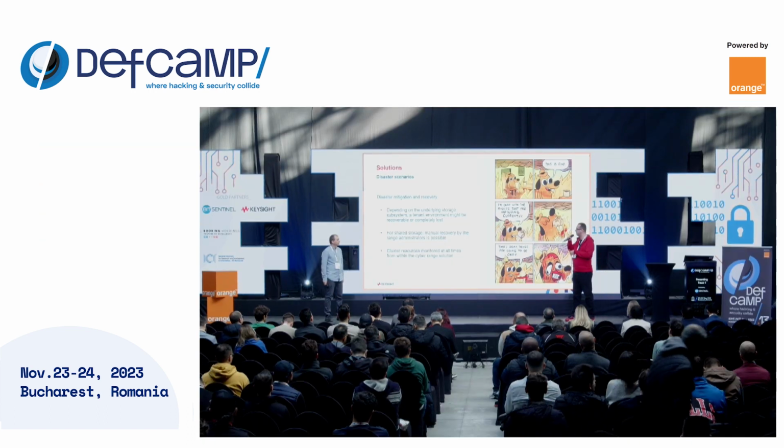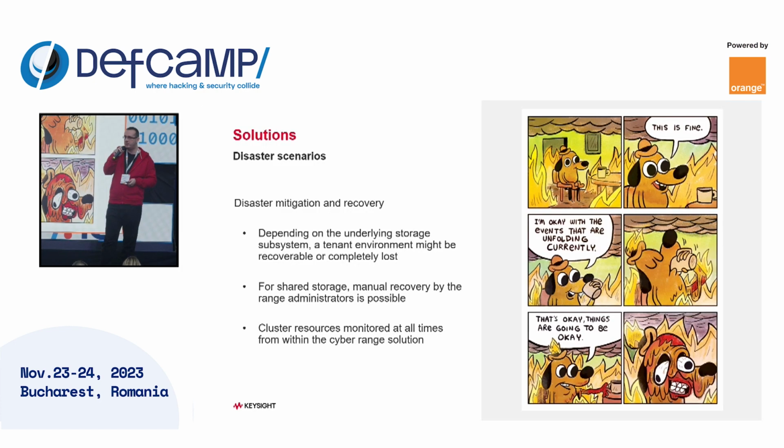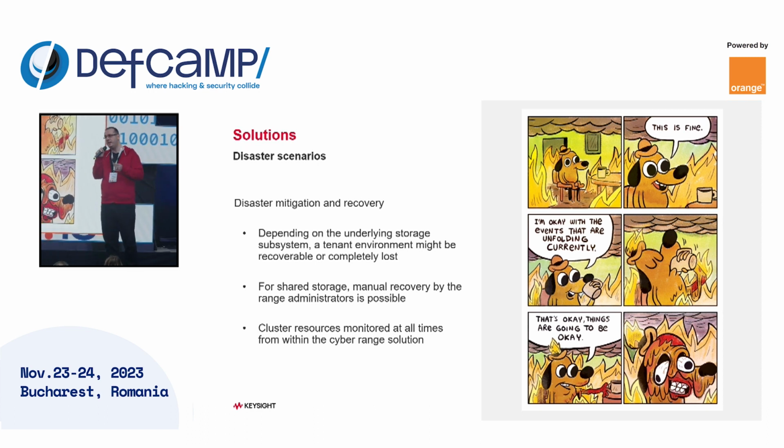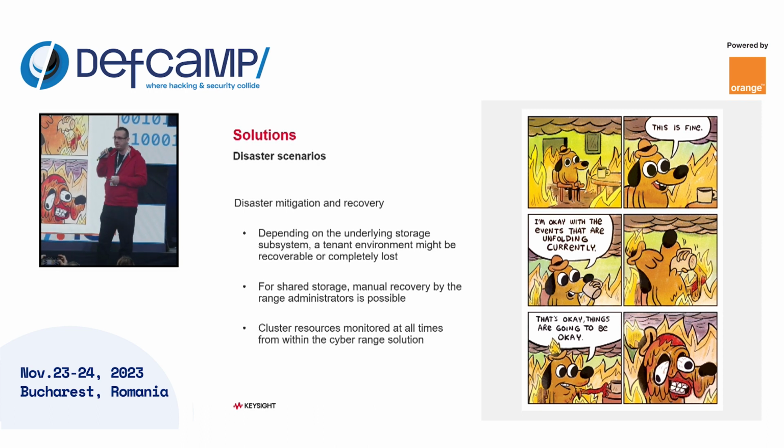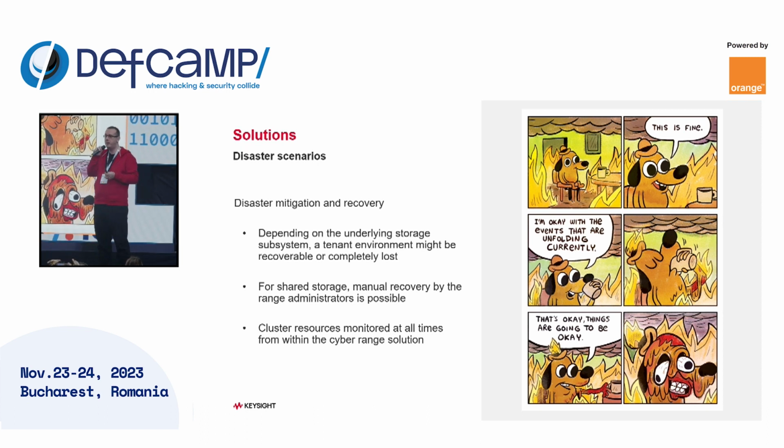The solution that we devised takes disaster recovery scenarios into consideration: if a node fails, the entire cyber range is not affected, only the machines that are present on that particular node. Even then, if you are in a CTF and you lose the NUC that you sit on, you would be very unhappy about it.